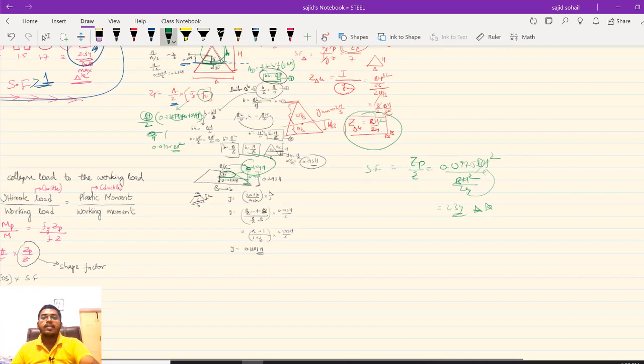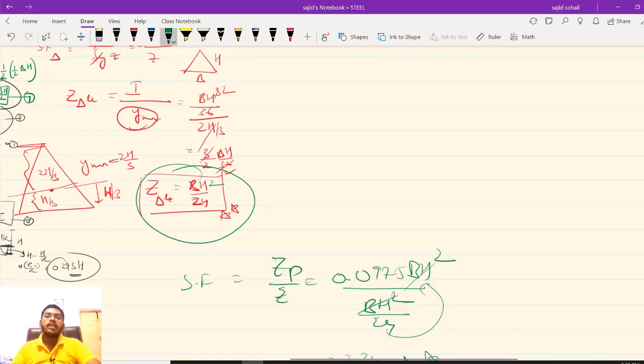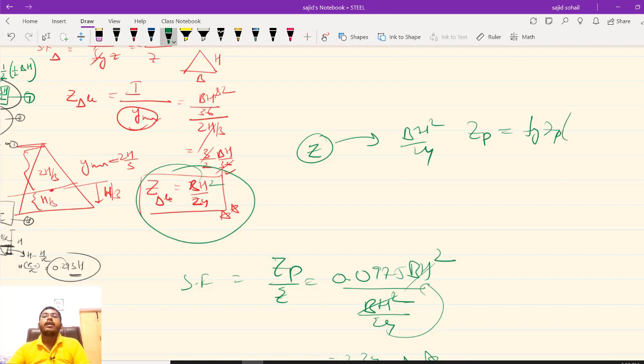So let us remind ourselves once again what we have done. I found the Z value of a triangle, which came up as BH square divided by 24, and then I found the ZP value of a triangle, which was a by 2 into (y1 bar plus y2 bar).